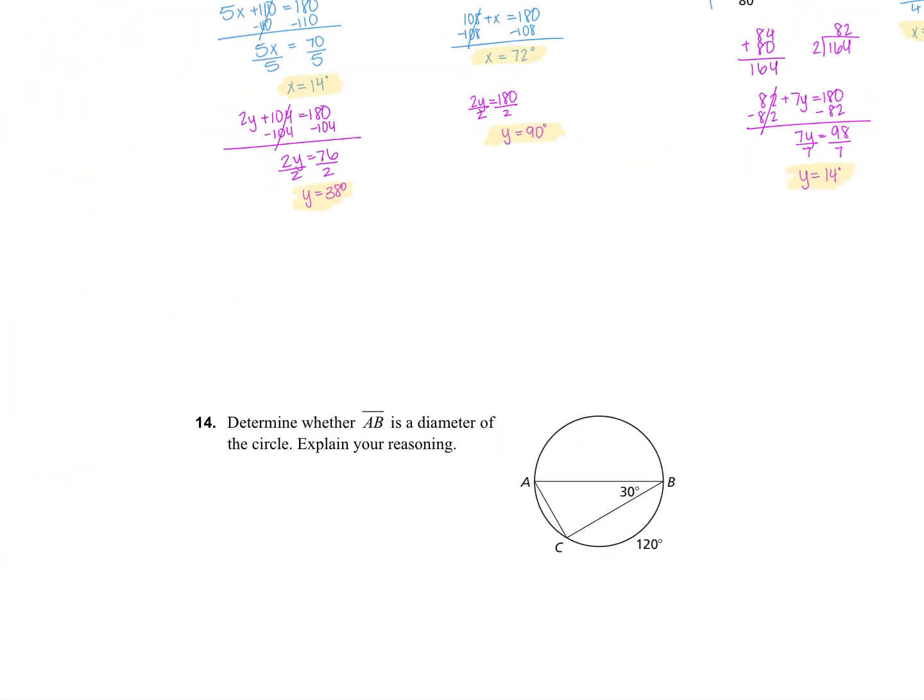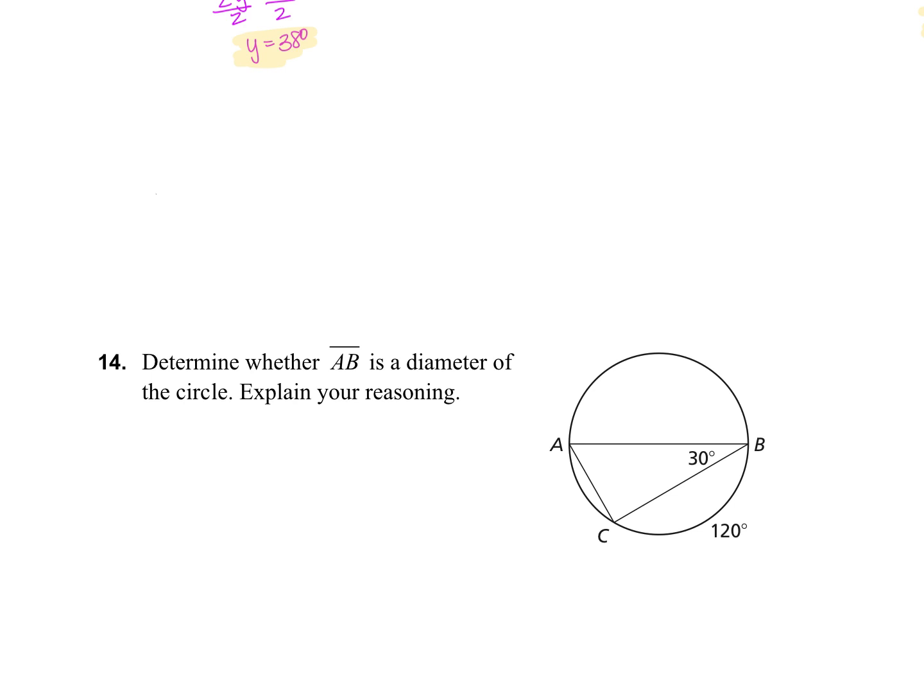All right, and the last question on this page, determine whether AB is a diameter of the circle. Looking at this, there were a couple ways to solve it, but so far from what I found by everyone answering it, this was the easiest way. If we know how to find inscribed angles, this angle is 30. What would the measure of this arc be? What would the measure of AC be?